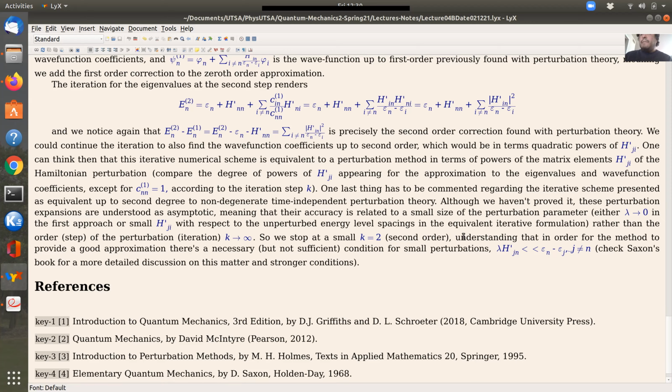And again, understanding that in order for the method to be a good approximation, there's a necessary condition. It's not sufficient, it's necessary, which is essentially the conclusion of the problem that we did 2 lectures ago, that the perturbation in this product, now I introduce again the parameter lambda. So the perturbation, which is lambda times matrix coefficient, has to be considerably small with respect to the energy differences En minus Ej.